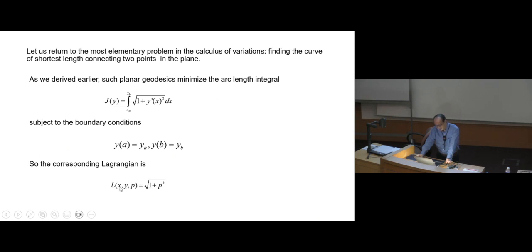You see, it does not directly depend upon x and y, only on p. Any questions? Then we find the corresponding Euler-Lagrange equation. This is the general form of the Euler-Lagrange equation. Here, L is defined as the square root of 1 plus p squared.